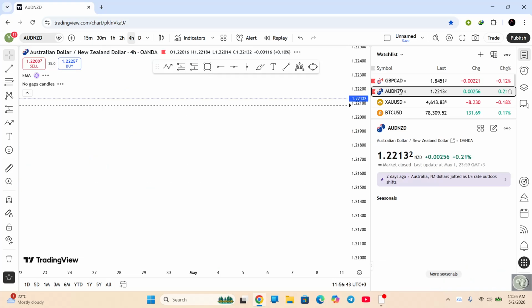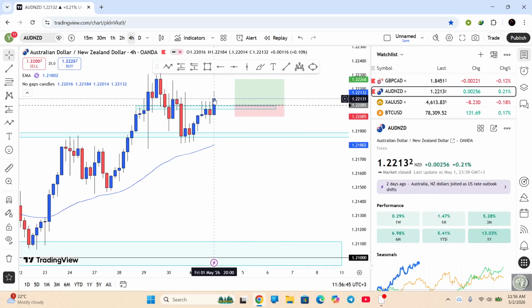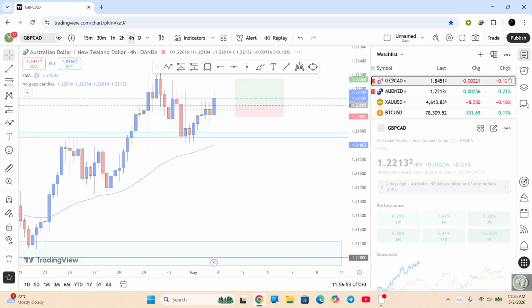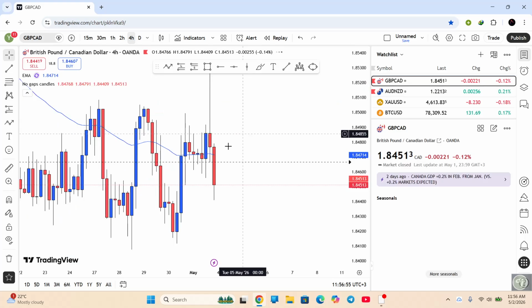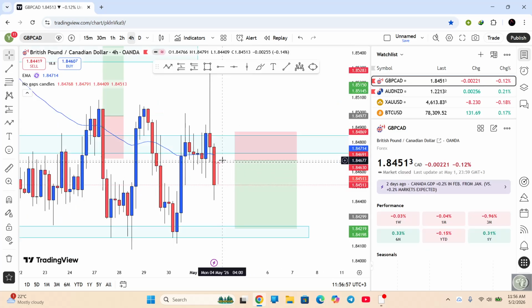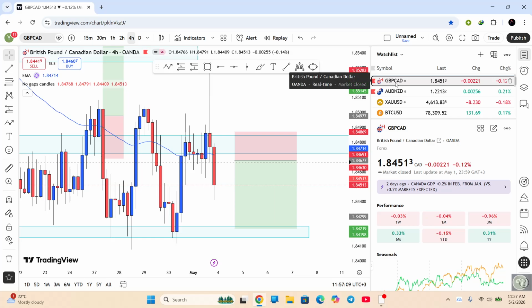On AUD and NZD, what I'm waiting for is some kind of bearish candlestick pullbacks, then a bullish candlestick rejection to form around this level to take that buy. On GBP CAD, I'm waiting for some kind of bullish candlestick pullback, then a bearish rejection candlestick to be formed around this level to take the sell. That's it. These two are the only pairs that I am interested in for Monday.